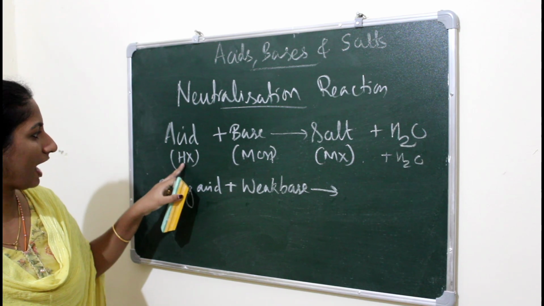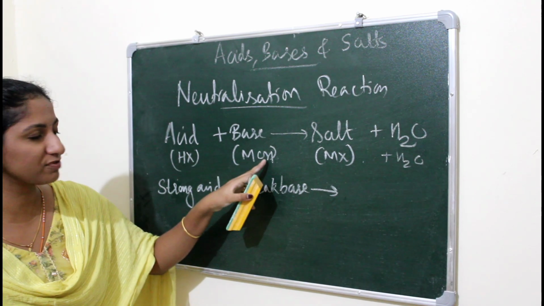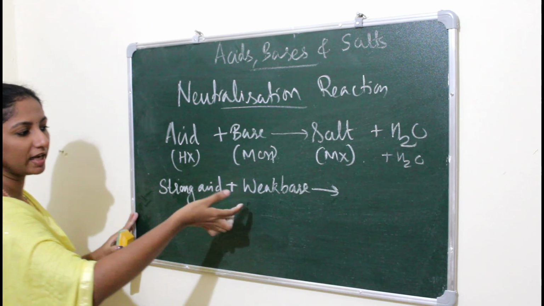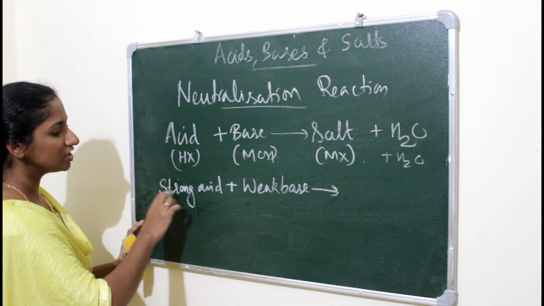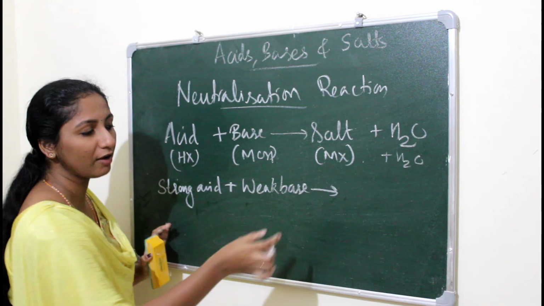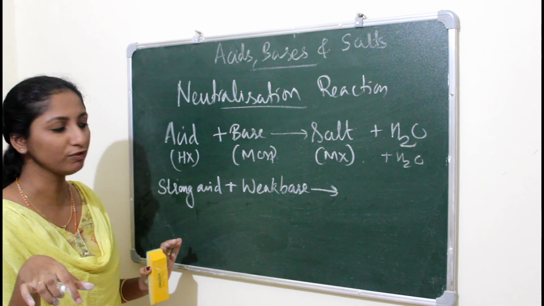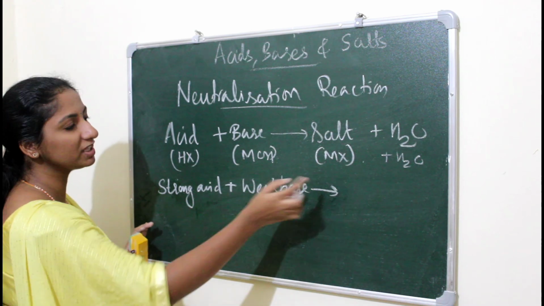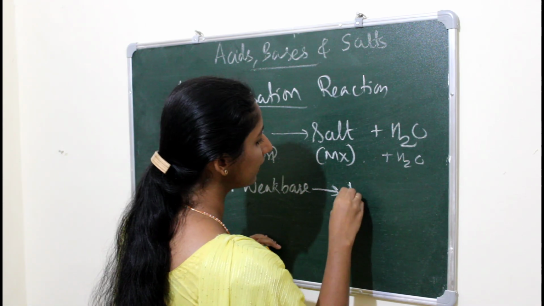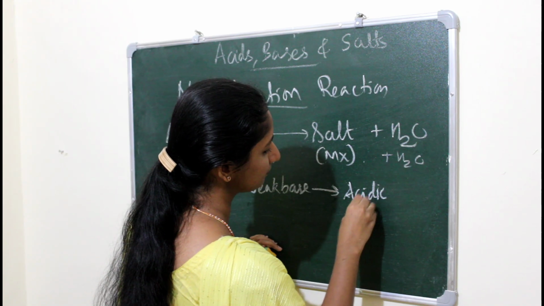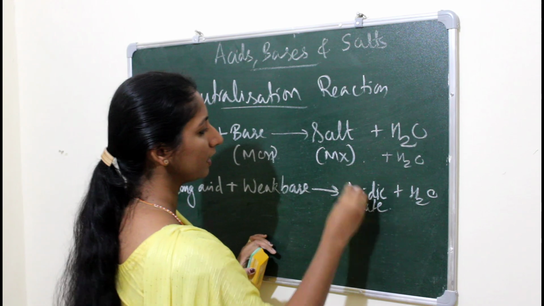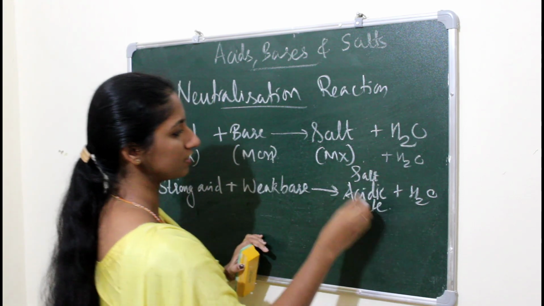In acid we will have H plus as the common ion, and in base we will have OH minus as the common ion. Okay, so when we are comparing this nature with the pH scale, strong acid will have more amount of H plus ion, weak base will have less amount of OH minus ion. So what will be the nature of the salt? The salt will show acidic nature along with the water. Okay, that means the nature of salt is acidic.